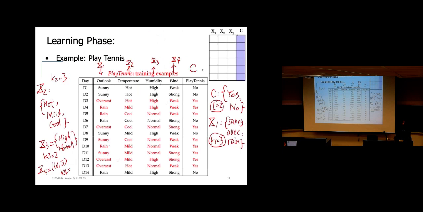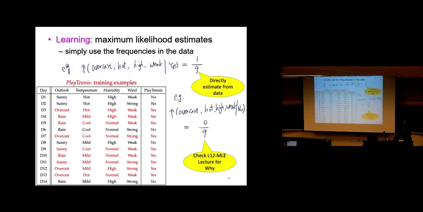For x4 there are weak and strong, also only 2.